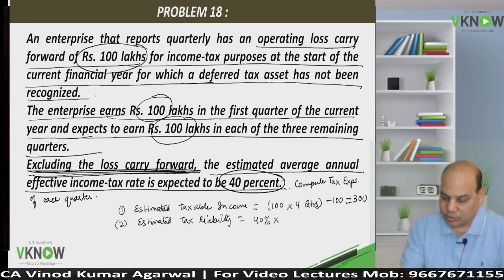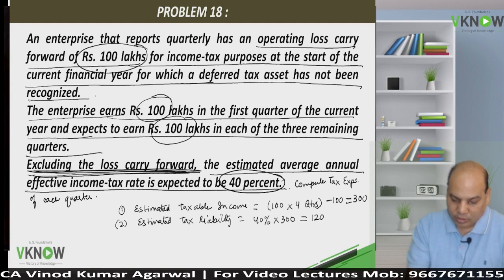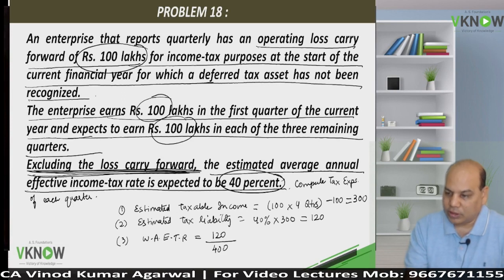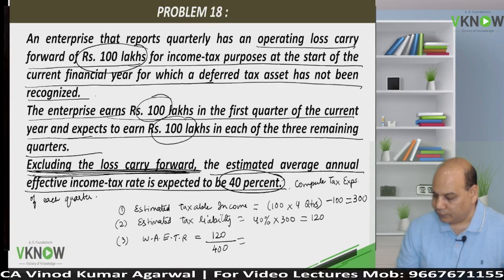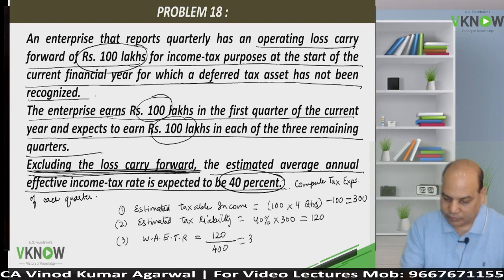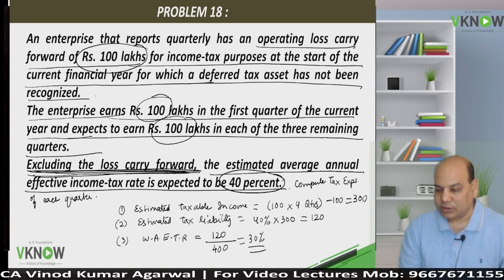So 40% of 300, that is 120. And step number 3, weighted average effective tax rate will be 120 divided by 400. 120 divided by 400 is 30%. So this is how I'll get 30%.